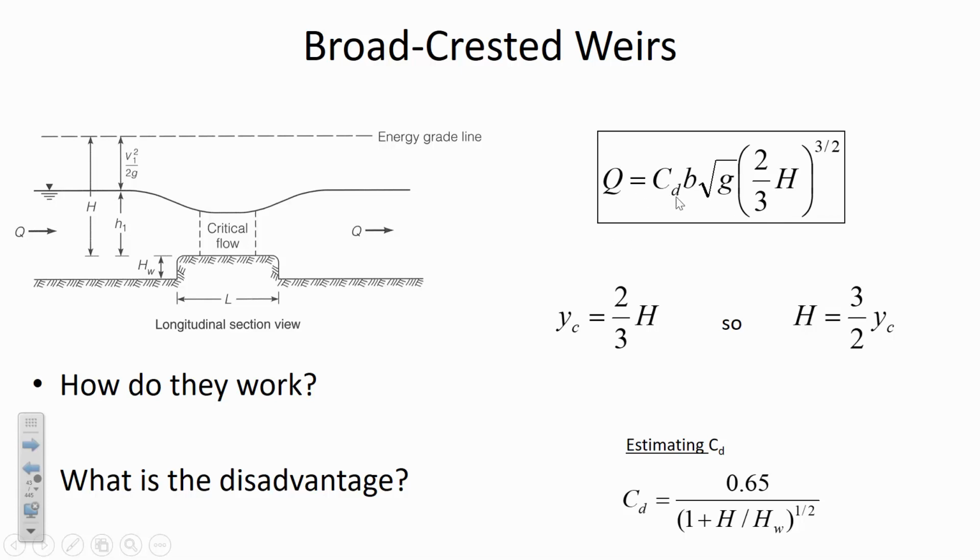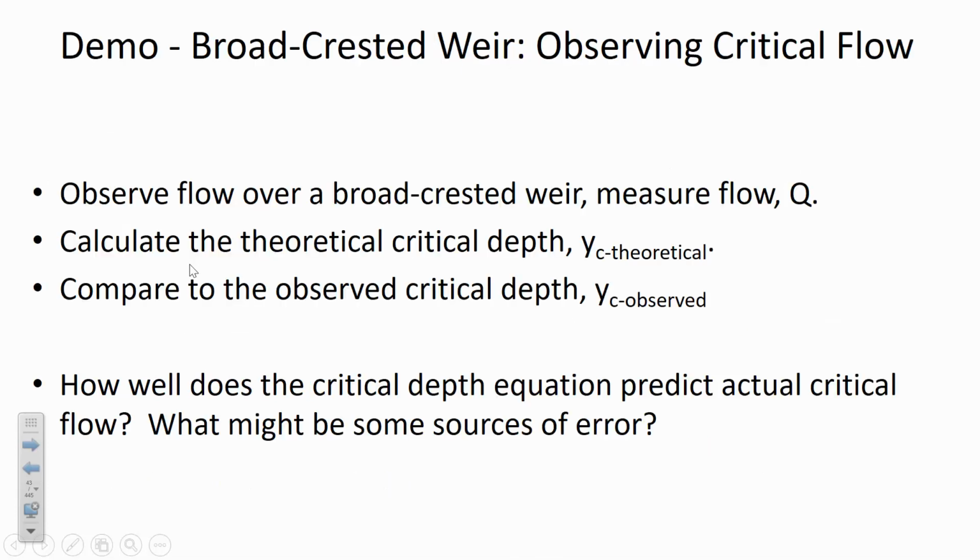Now, there is a coefficient of discharge that takes into account energy losses due to friction and turbulence at the obstruction. So this C sub D depends largely on the step height relative to the amount of energy at a given time. And a typical C sub D value is in the range of about 0.66 or so. But it varies depending on how deep is the water and how high is the obstruction.